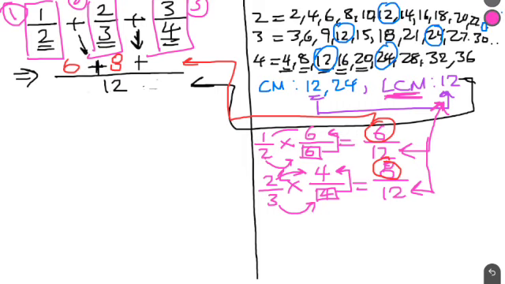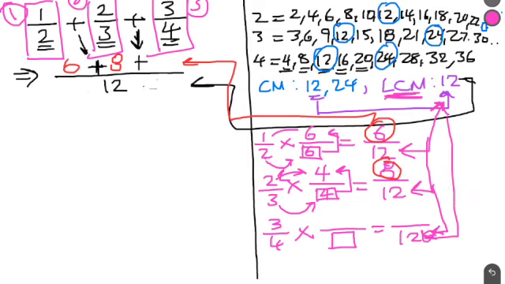Finally, we look at our third fraction, and we say 3 over 4. We look at the denominator, and we ask, 4 times what number gives us 12? And once again, this 12 is just our lowest common multiple that we found earlier. I hope you guys are seeing the pattern here. So 4 times what number gives us 12?